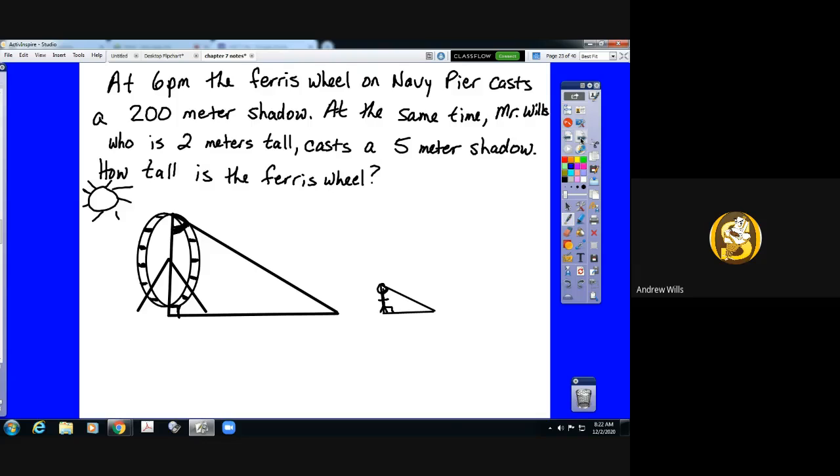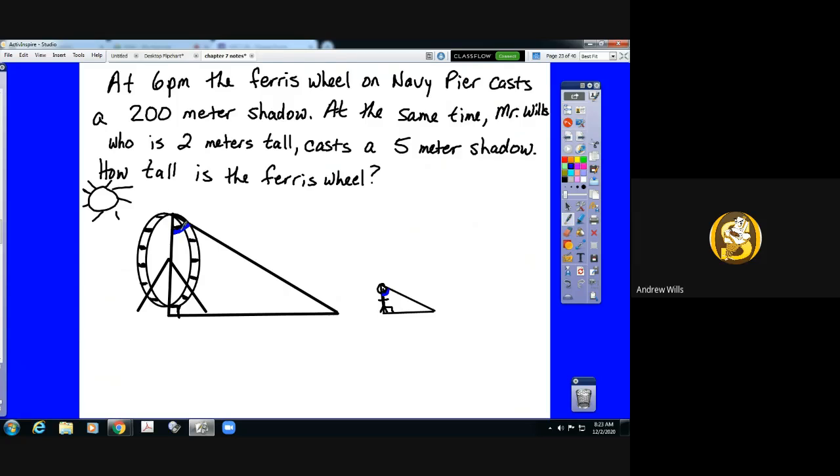But anyway, we need to label our picture, but here's the basic idea. Whenever the sun is shining, it is hitting every object that's located in the same place at the same angle. So we've got an angle right here called the angle of incidence of the sun.